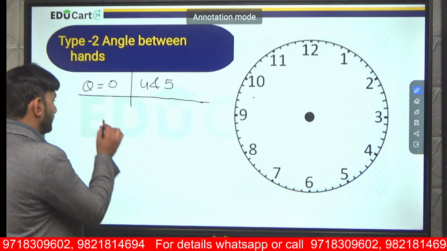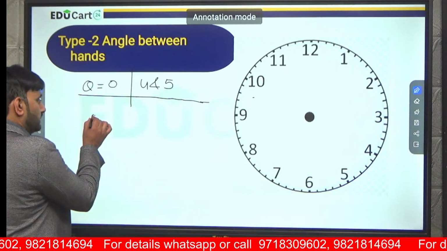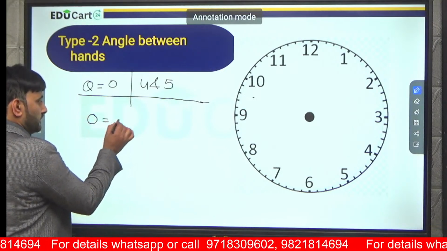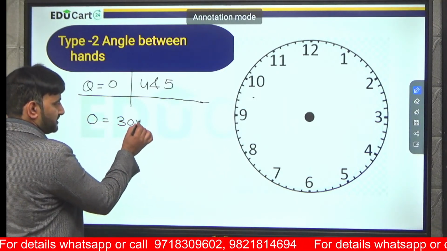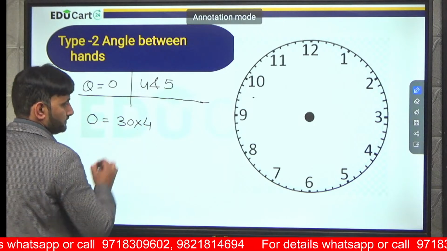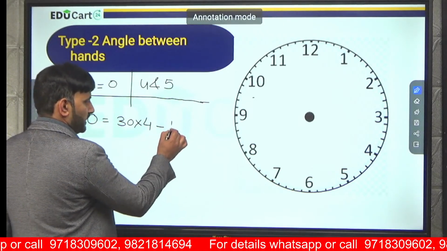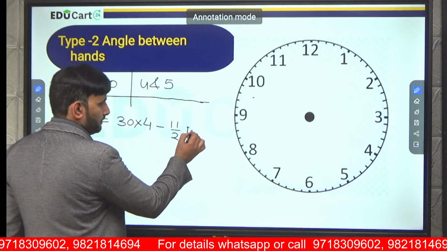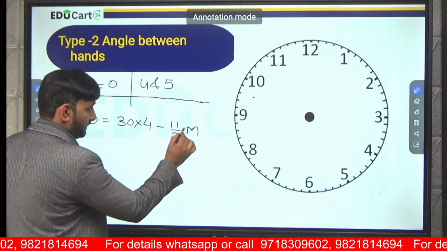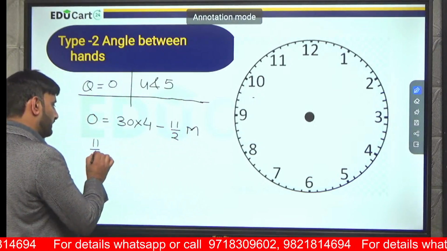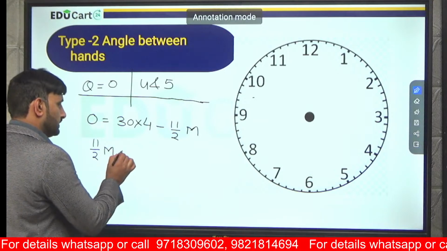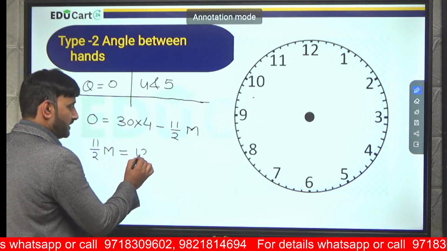Fine. Use the formula. Theta is 0, that is equal to 30 into h, the value of h is 4 here, minus 11 by 2 into m. So this minus 11 by 2m will come here, it will be 11 by 2m, that is equal to 120.